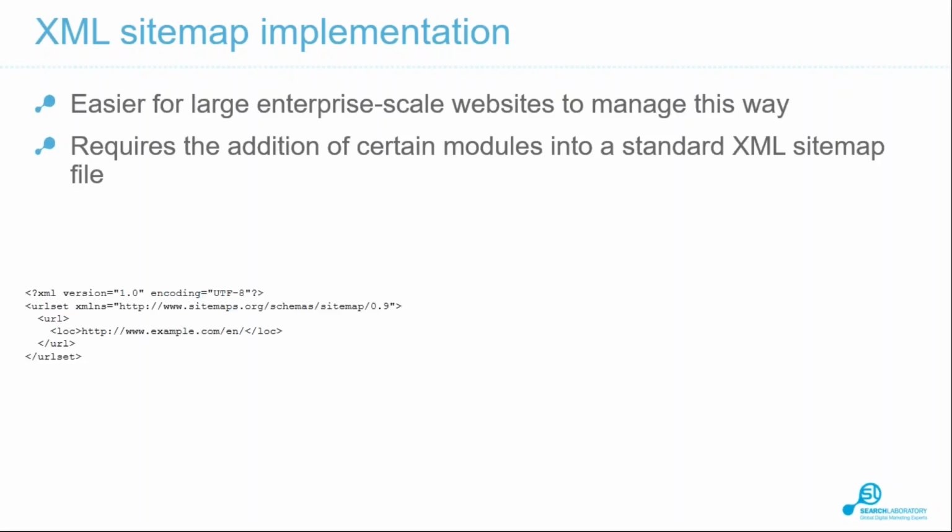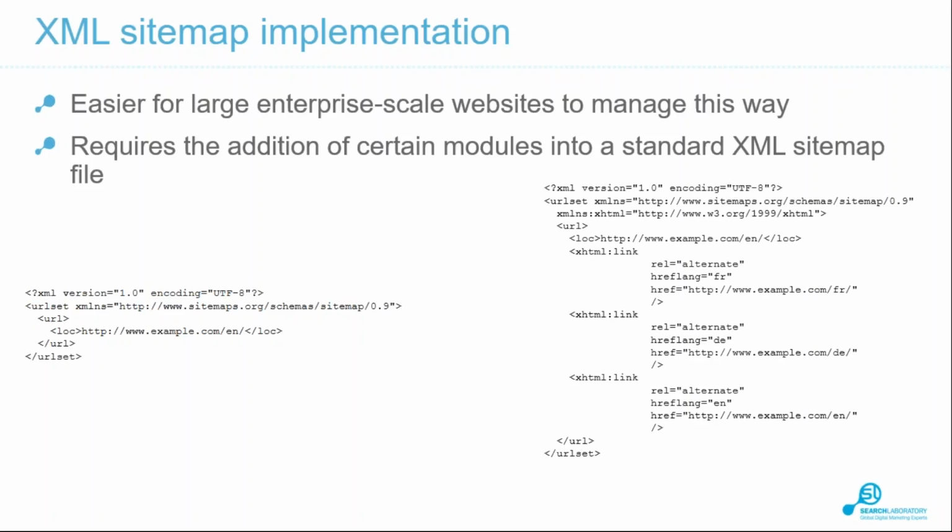So this is how a very basic XML sitemap file would look. The middle line where it opens with the LOC, that's basically showing the location of one of the URLs on our website. Typically, most websites would have an XML sitemap which details the location of all the URLs on their website to make it much easier for search engines to crawl.